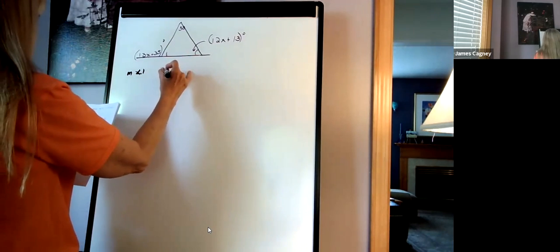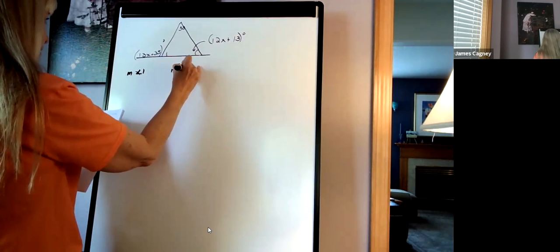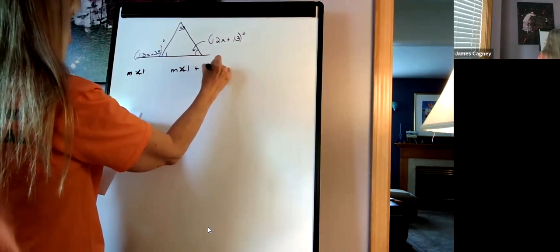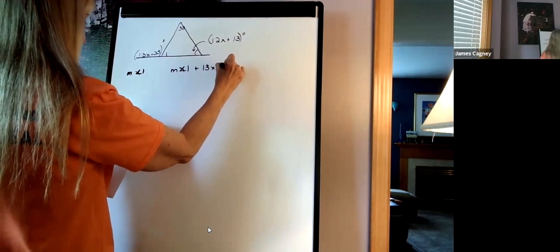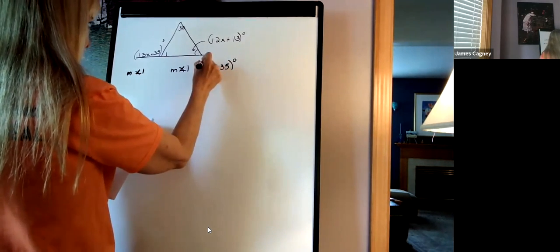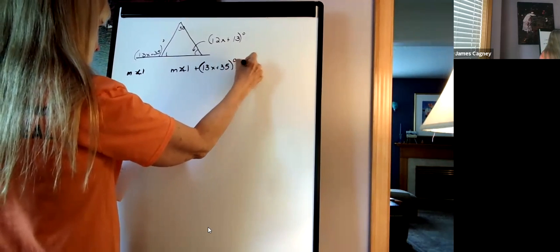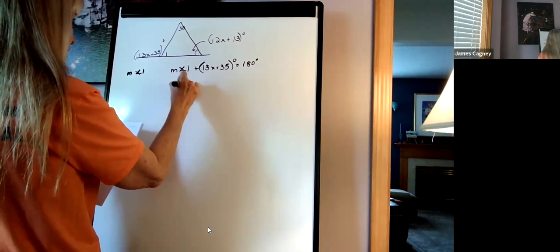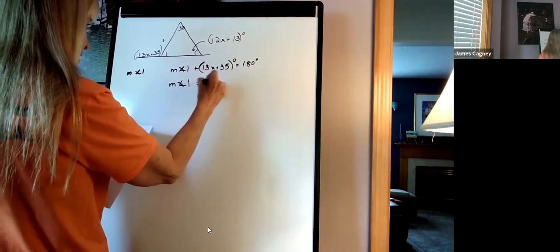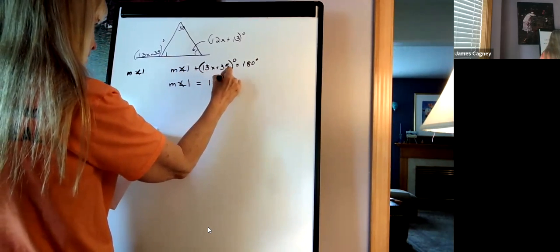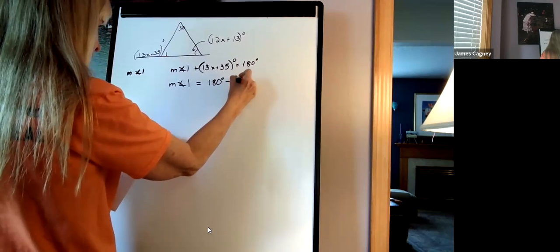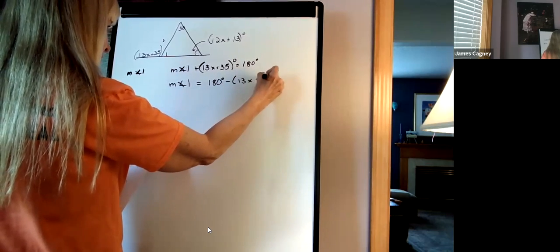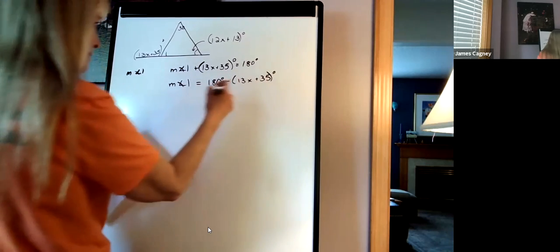So I could say the measure of angle 1 plus 13x plus 35 degrees is equal to 180 degrees, or the measure of angle 1 is equal to 180 degrees minus, and I'm going to use parentheses, 13x plus 35 degrees.